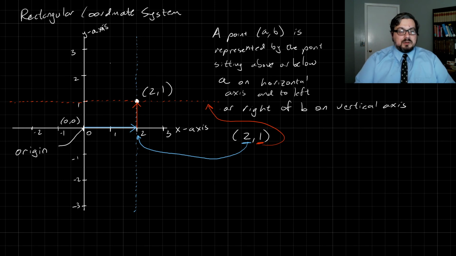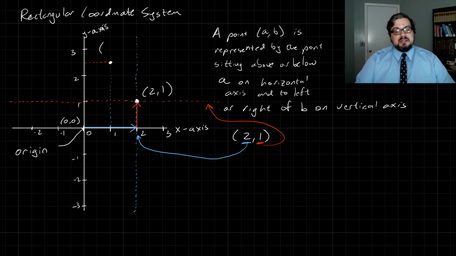Let's think about this point right here. To find this point's coordinates, we can look straight up or down until we get to the horizontal axis, and straight left or right until we get to the vertical axis. And the numbers that we reach in each case tell us the coordinates of that point.